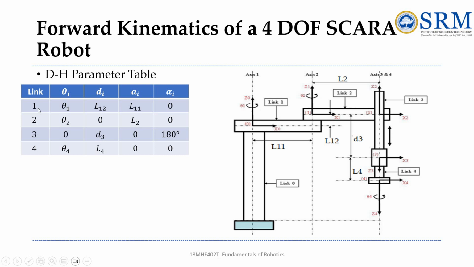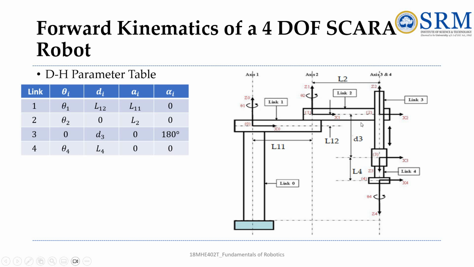So first is link 1. In this we know that this is a rotation, so obviously theta is there, theta 1, and the offset. The offset is present between link 1 and link 2, we have L12. Okay, and the link length for this is L11, and there is no angle along the x-axis. Okay, there is no rotation about the x-axis, so alpha is 0.